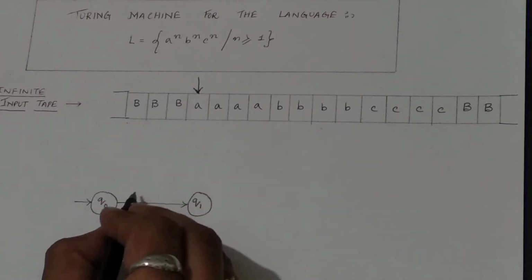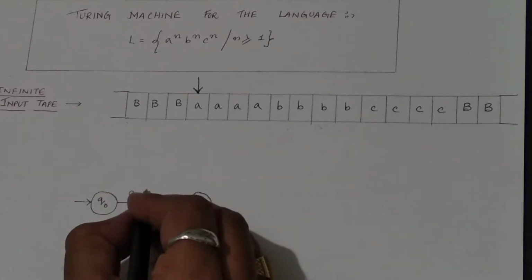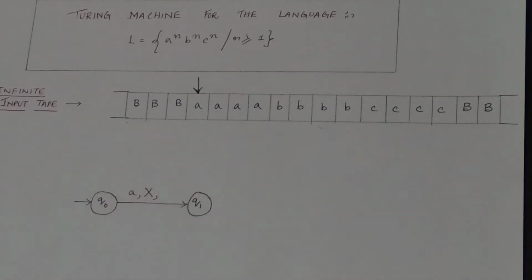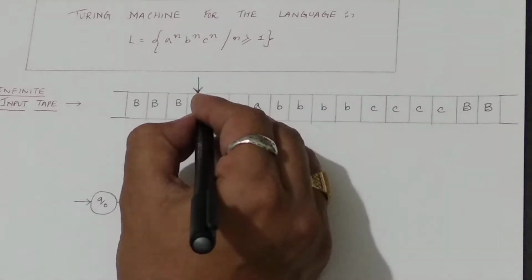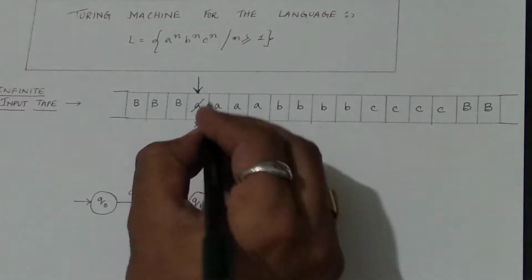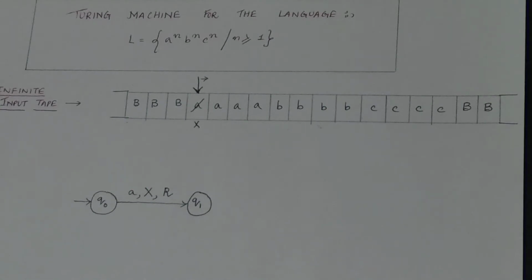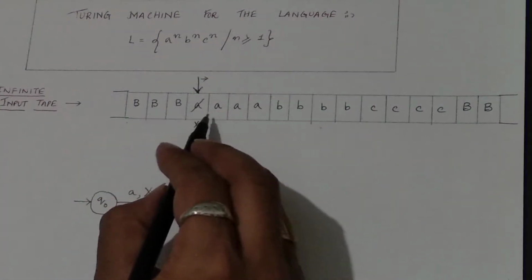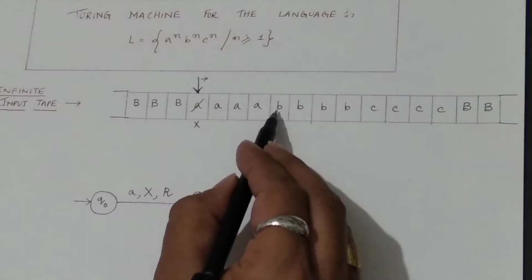On seeing the first a, I will replace it by x, and the tape head will move in the right hand side direction. Now I have to follow this process until I complete all these a's and reach the b.